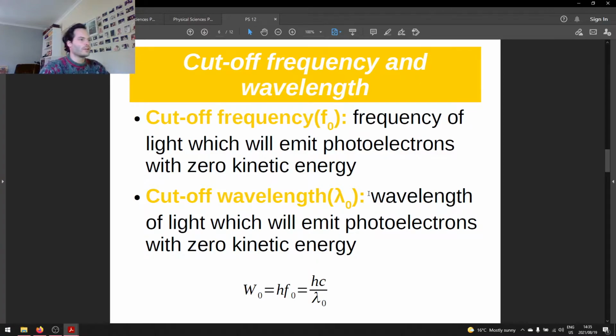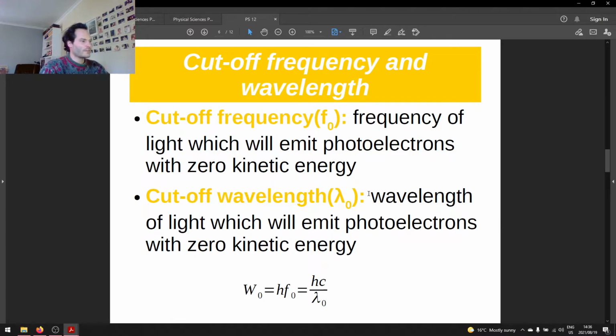Before we go on, we've just got two more definitions, the cutoff frequency and the cutoff wavelength. The cutoff frequency is numerically the same as my threshold frequency. It's the frequency of light which will emit photoelectrons with zero kinetic energy. In other words, if my frequency is lower than the cutoff frequency, then no electrons are going to be released.